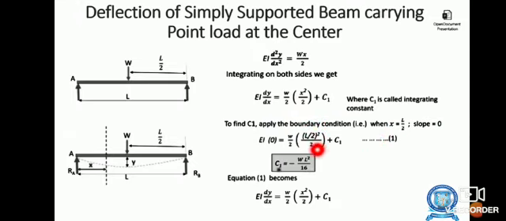So we got C1 is equal to minus W L square divided by 16. So equation 1 becomes EI dy by dx is equal to W by 2 x square divided by 2 plus C1.